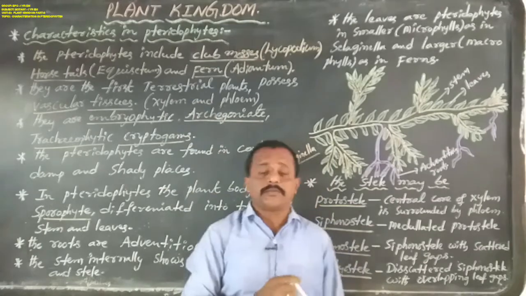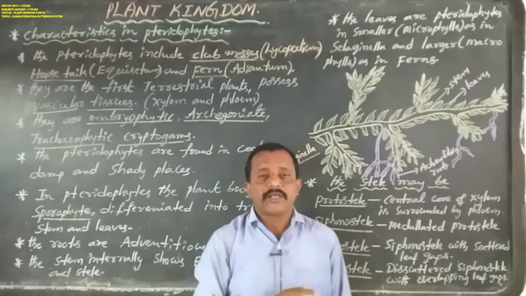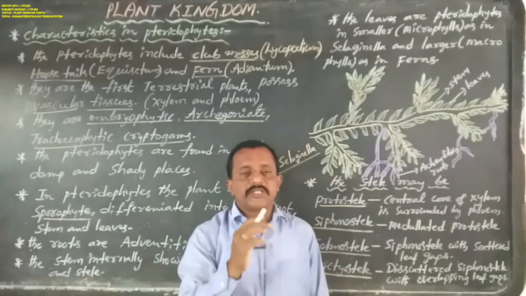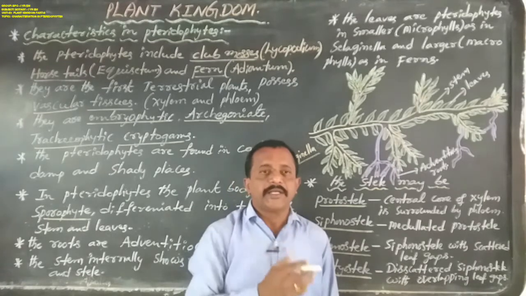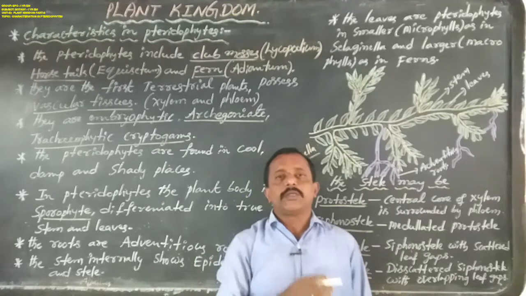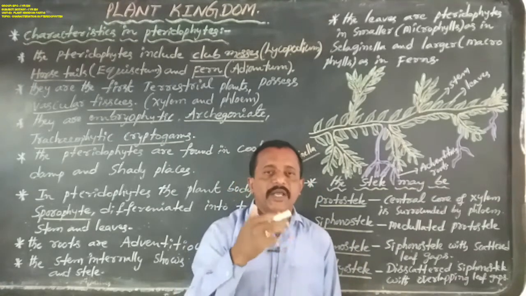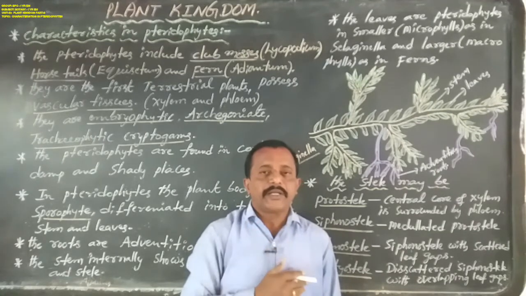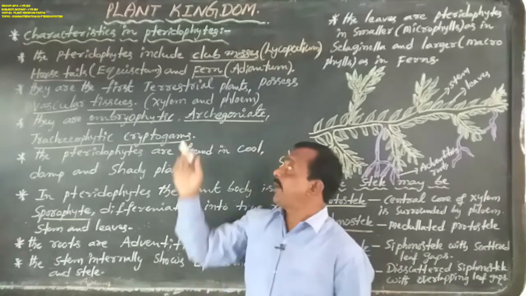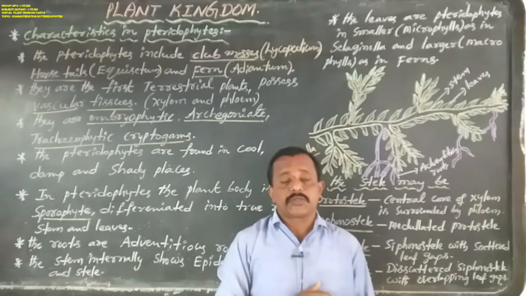Xylem transports water and mineral nutrients from one part of the plant body to another, and phloem carries food material from one part of the plant body to another. That is the importance of vascular tissues.